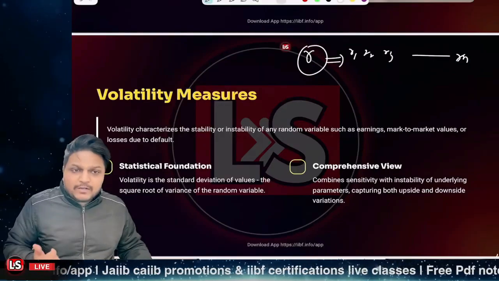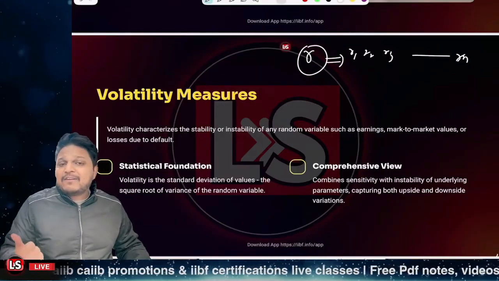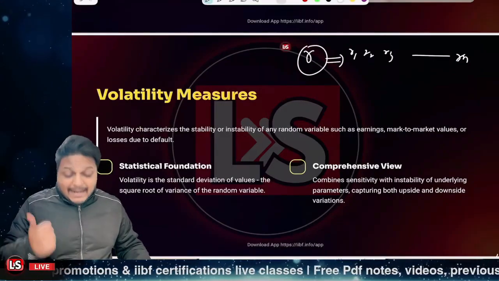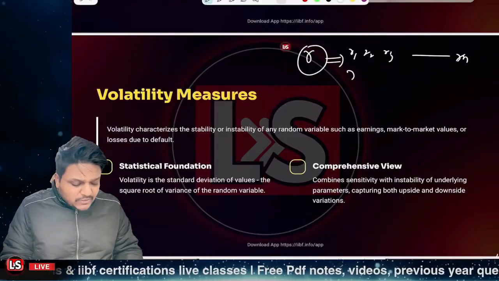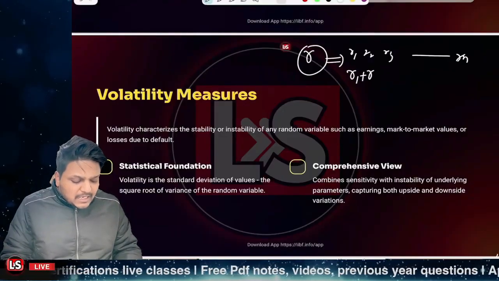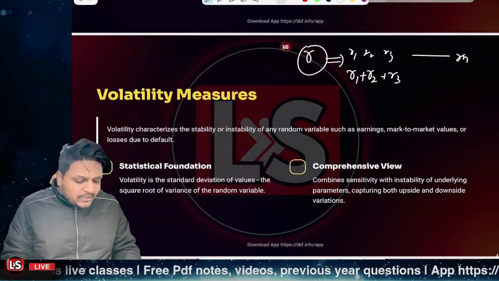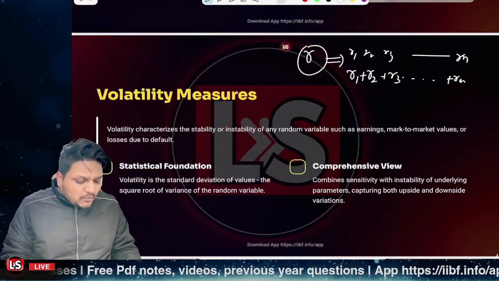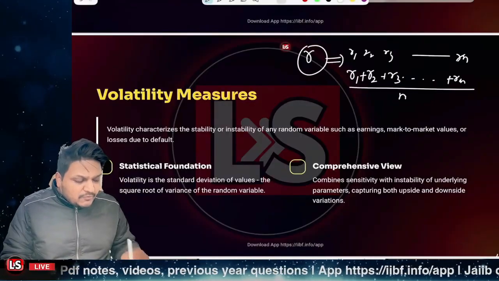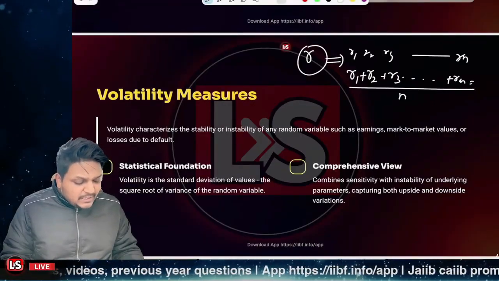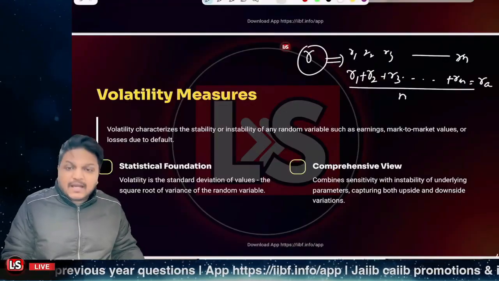Let's say I find the average of this random variable r. The average will be the sum of all the terms, r1 plus r2 plus r3 up to rn, divided by the number of terms. Let's denote this average by the letter ra.